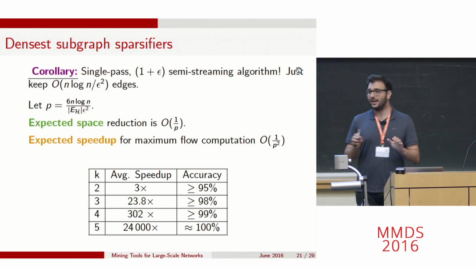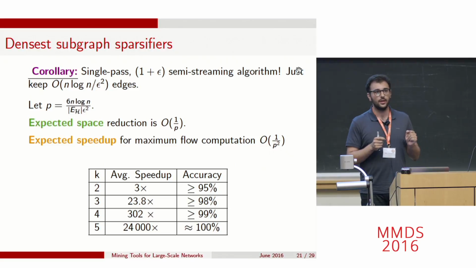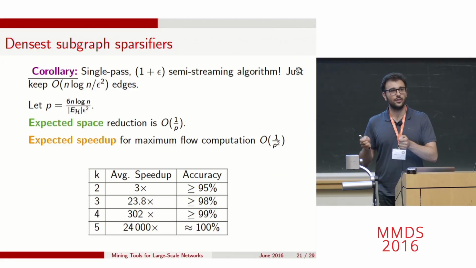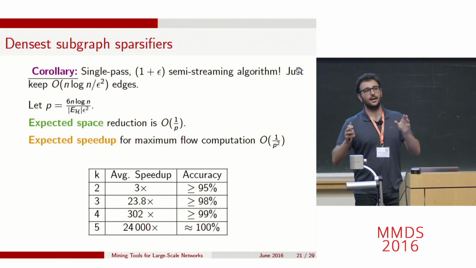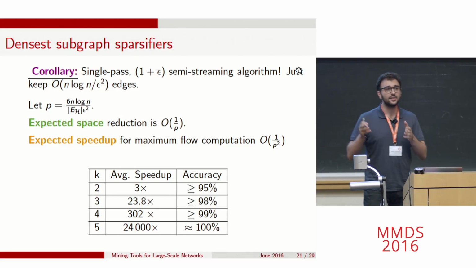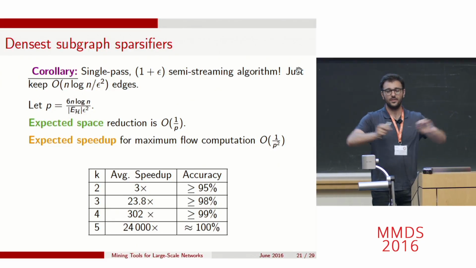As a direct corollary of this sparsification result, you can get a 1-pass streaming algorithm that gives you a 1 plus epsilon approximation. The technical details for dynamic streams, you can find in the paper. But the idea is very simple. You have the stream of edges.